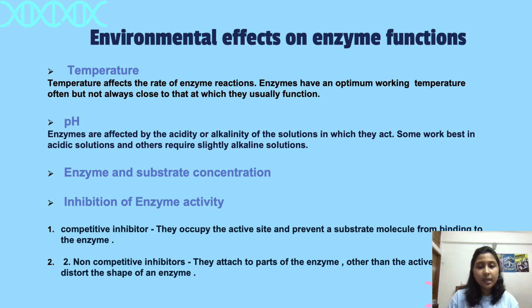Based on this, there are two types of inhibitors. The first type is the competitive inhibitor. Competitive inhibitors occupy the active site and prevent our substrate molecules from binding to the enzyme. And the second one is the non-competitive inhibitor.